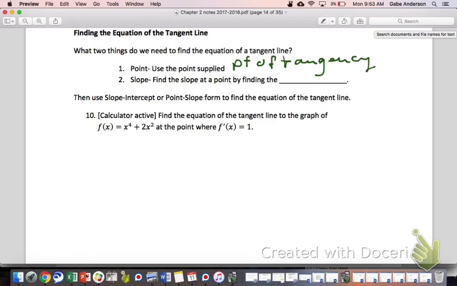And then you need the slope, and we find that slope of the tangent line by finding what? The derivative, yeah. So find the derivative. So that's just a little review. We've done that, I think, a couple times. We've at least talked about it a couple times.